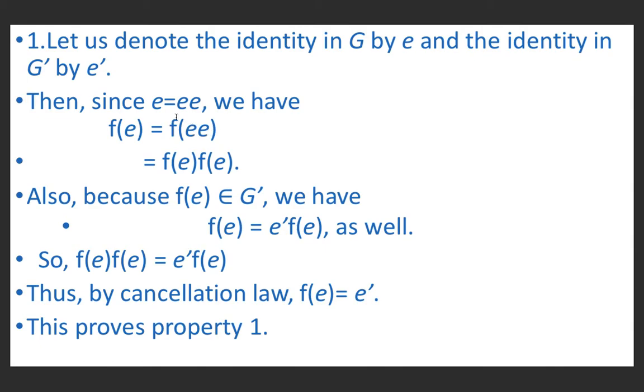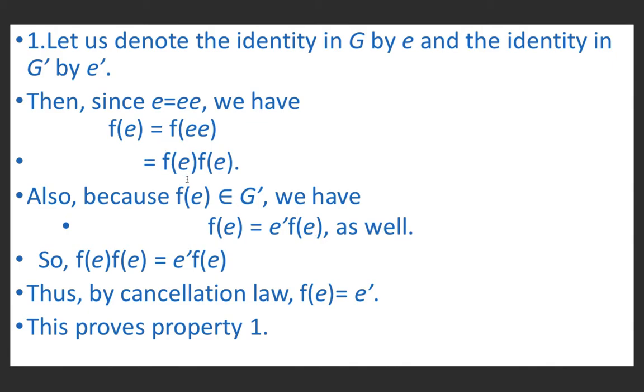But f is a homomorphism and it preserves group structure. Therefore, f(ee) is equal to f(e)f(e). Also because f(e) belongs to G', we may write f(e) equal to e' f(e).